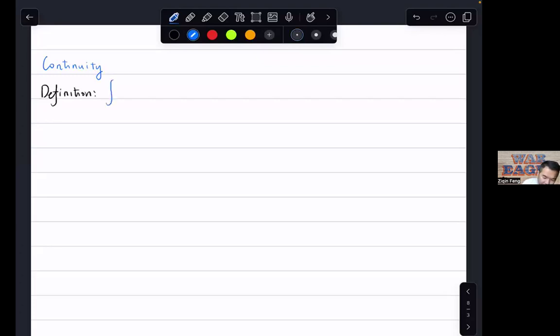So f here is called continuous from right. And very similarly, you can define continuous from left.